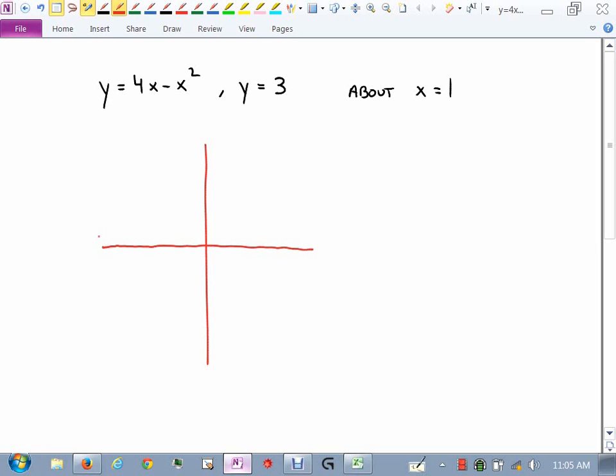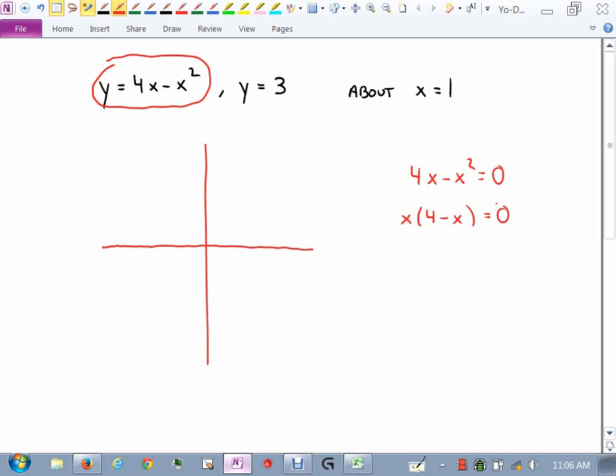All right, so we have a parabola. If I were graphing that parabola, I would probably start out with the x-intercepts. I know it opens down, right? So what are the x-intercepts? I could set it equal to 0 and factor out an x.